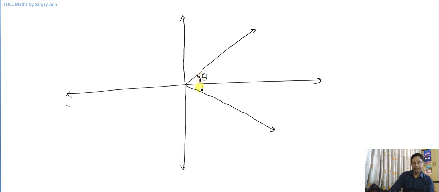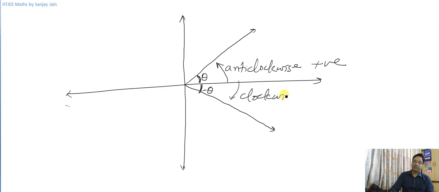This length and this opening and this opening, these are same. So this angle will not be theta. This will be minus theta. Right? So we take angles in anti-clockwise direction as positive and angles in clockwise direction as negative, right?